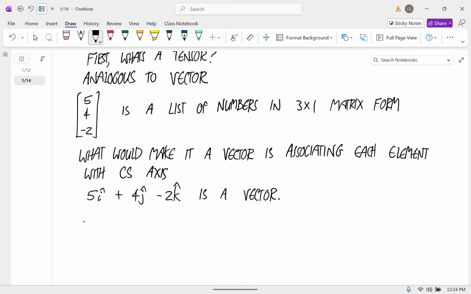So it's the association of the list, or the matrix, with the coordinate system that makes it a vector.